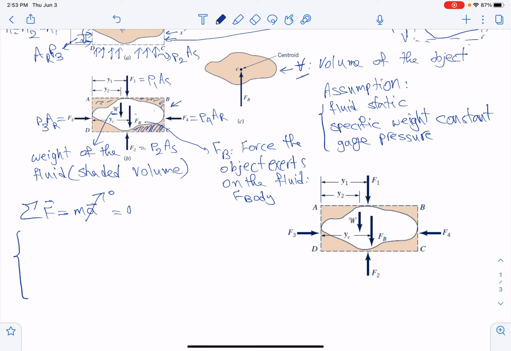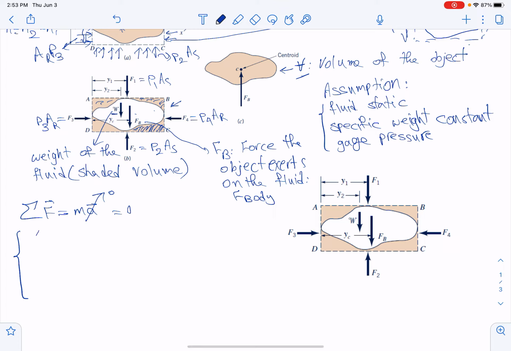Just pause the video, I think, and try to write down the force balance for each of the directions. To make it simple, we just ignore all of the forces from the x direction. We don't show the forces in the x direction basically.